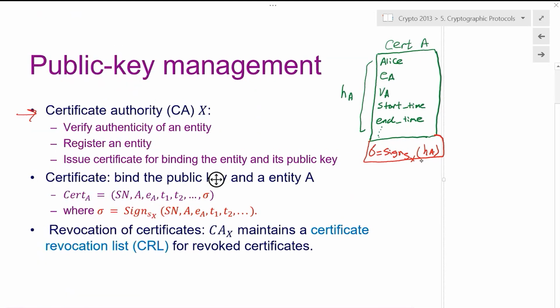But you don't definitely need a database. You can imagine that this could be a text file. You can share this file with somebody else, and at the end they can verify the signature using the verification key of X, and then they would be done, and they can make sure that the certificate is indeed for Alice.